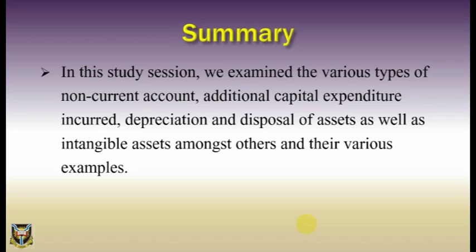The most common methods of calculating depreciation are the straight-line method, diminishing balance method, and sum of the digits method. Accounting for depreciation and disposal of assets depends on whether the asset account is maintained at net book value or at cost. This is the end of study section 2.